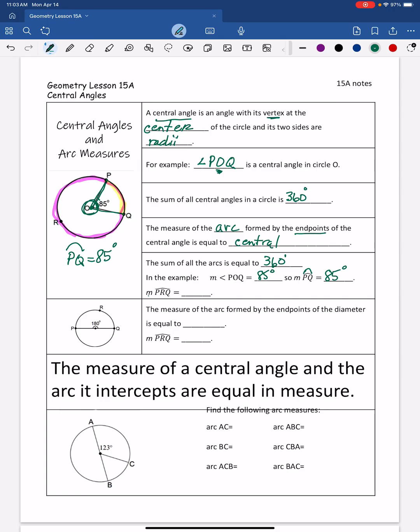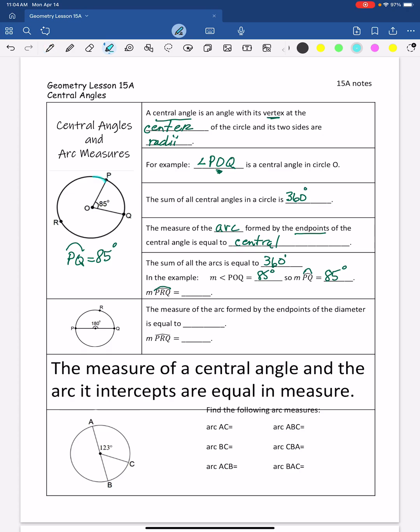When I have this, find the measure of arc PRQ, I'm going to start at P, go through R, and keep going until I stop at Q. Let me clean this up a little bit so you can see which arc I'm talking about.